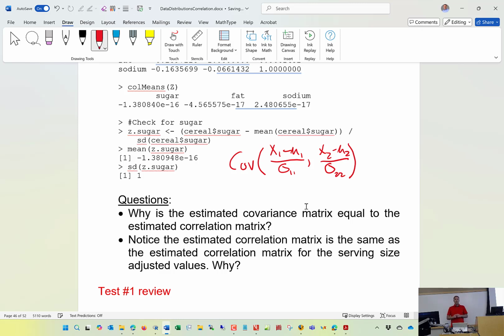Okay, so what I've written there is the covariance for essentially Z1 and Z2, but I've actually put in what Z1 and Z2 are.